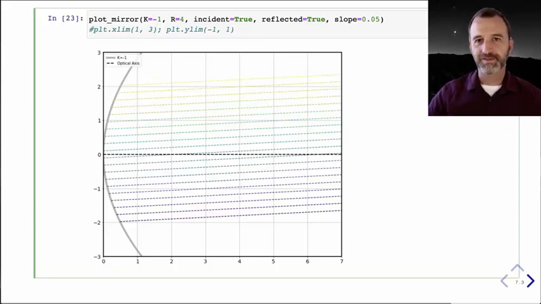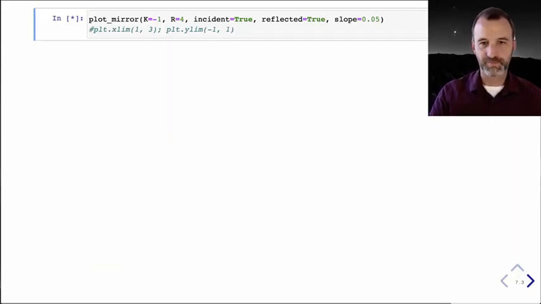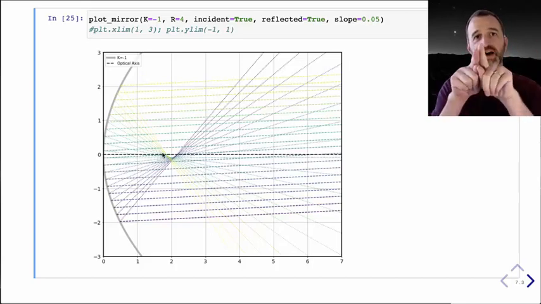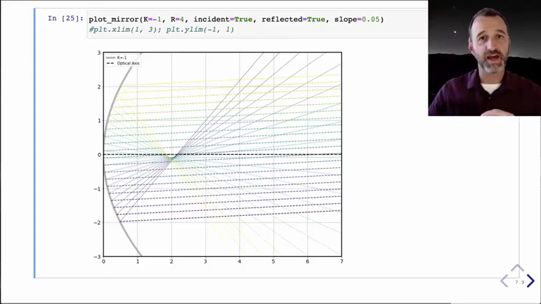All right, let's see where they end up. There. So a couple things you can see immediately from here. One, the light rays don't focus on this optical axis. This is what we talked about before. When you have an object that's at some angle to another object, they're going to land at different parts in your detector.